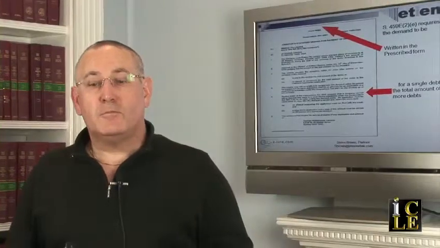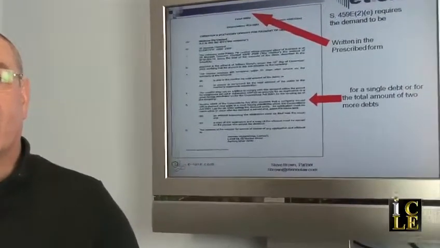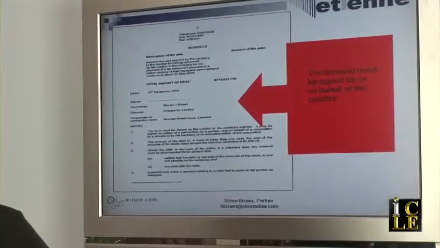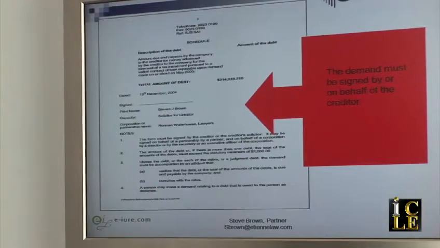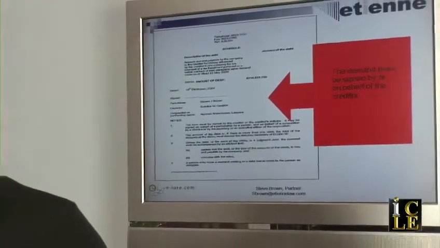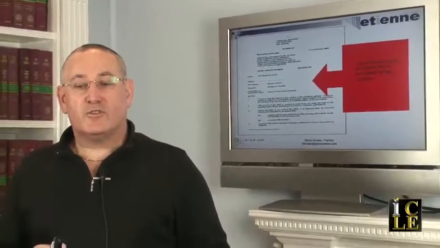The form is to be used for a single debt or a number of debts against the same debtor company. The demand must be signed for and on behalf of the creditor, and there will be some discussion later on as to who has the requisite authority to sign statutory demands.